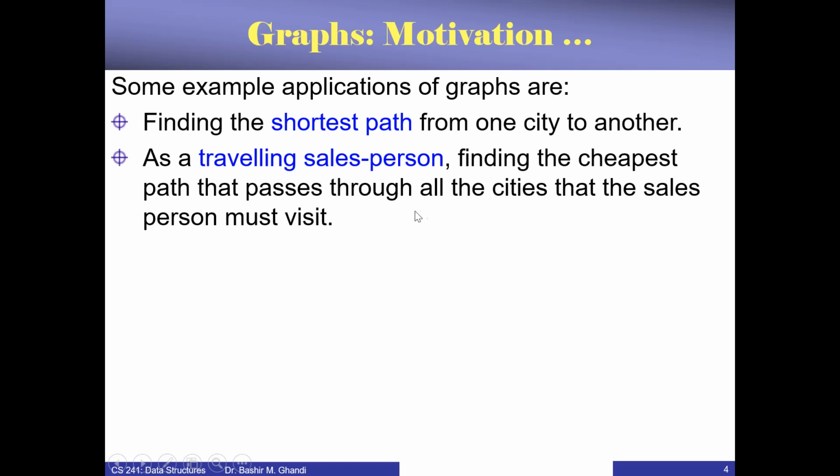To give you an example, suppose you have Almarai milk company. So the driver driving one of their trucks needs to visit all the supermarkets in Jubail Industrial City, for example.